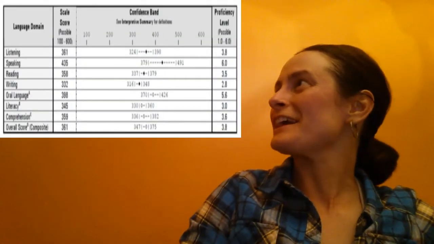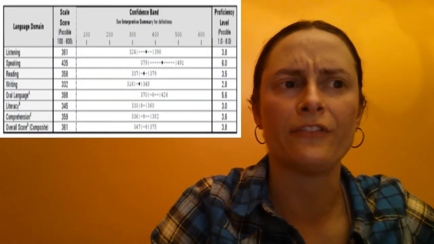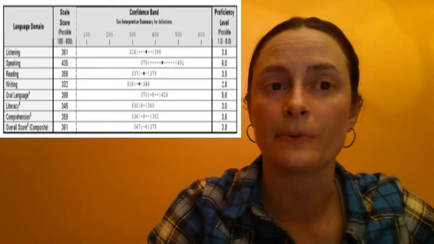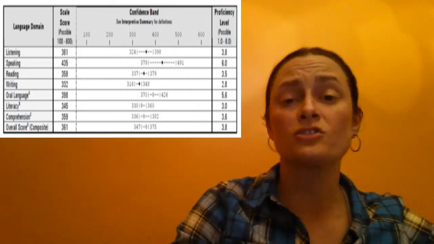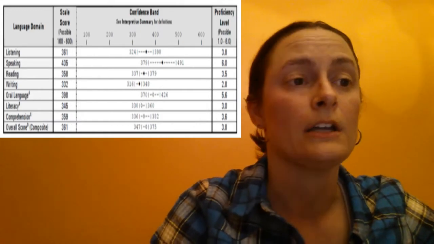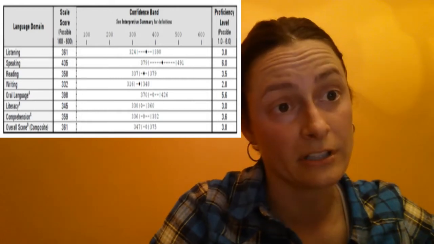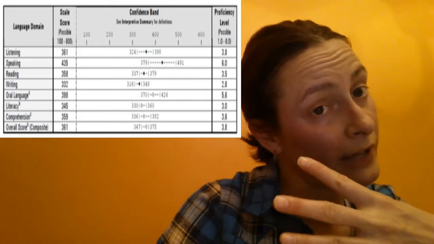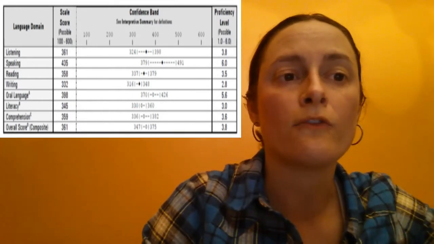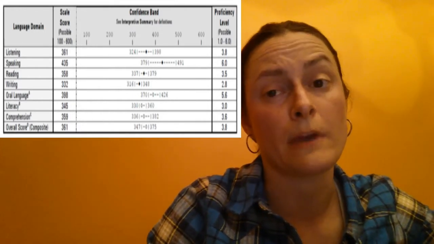There we go. Scores are given as raw scores, scale scores, and English language proficiency scores. Raw scores are reported for comprehension, speaking, and writing. Scale scores and proficiency levels are reported for the 4 language domains: listening, speaking, reading, writing, and 4 different combinations of language domains.